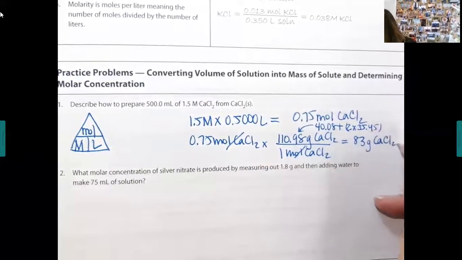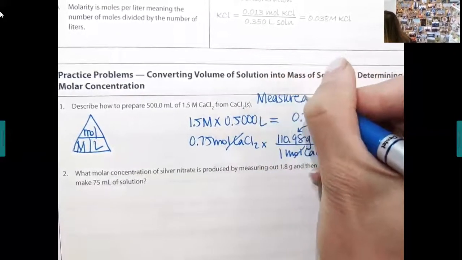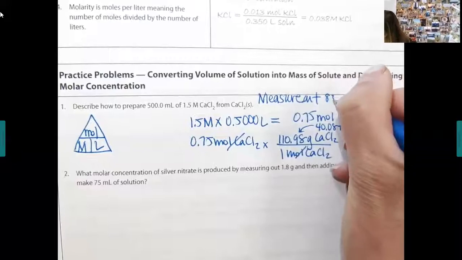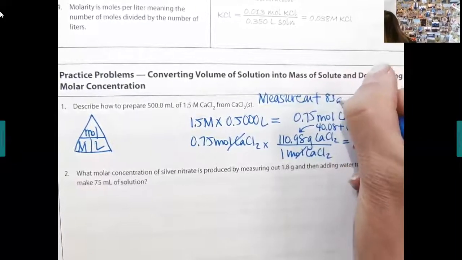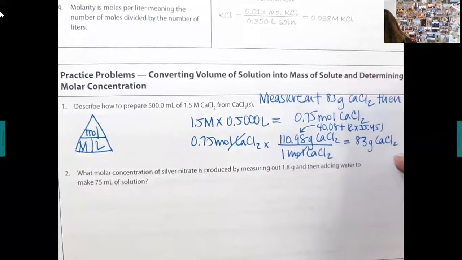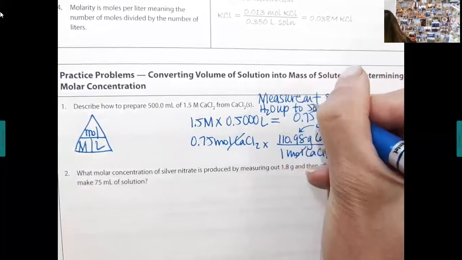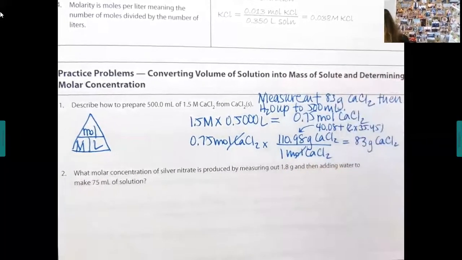So you have to measure out 83 grams of calcium chloride, then add water up to 500 milliliters. That's how you would prepare that, okay?